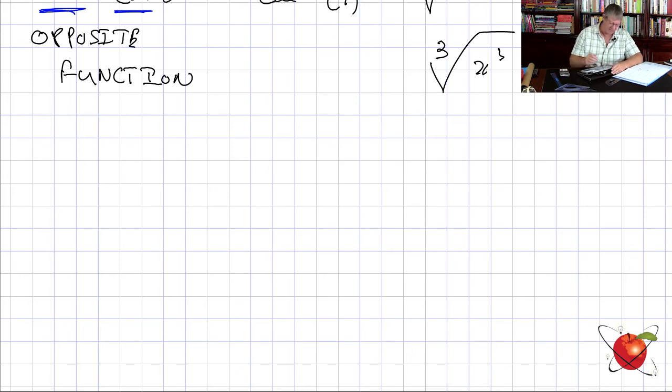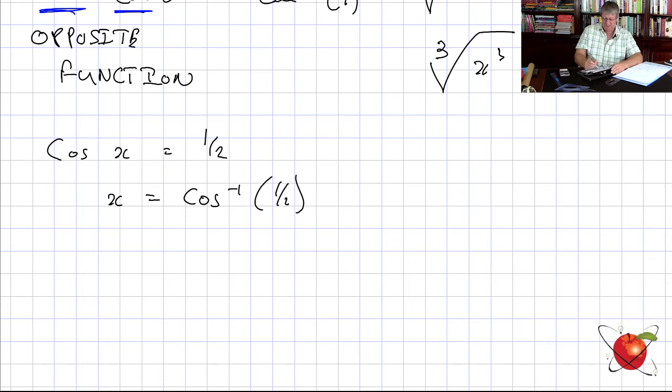Let's say cos of x equals a half. Therefore, I must take the opposite of cos, to give me x is cos to the minus 1 of a half. Please don't skip steps here. It goes wrong if you do. Therefore, x equals, now how do we find these?